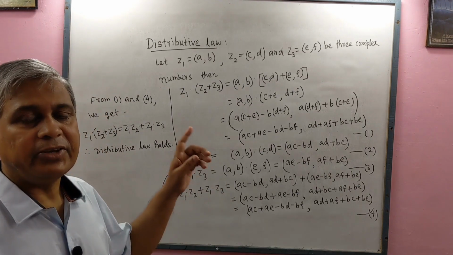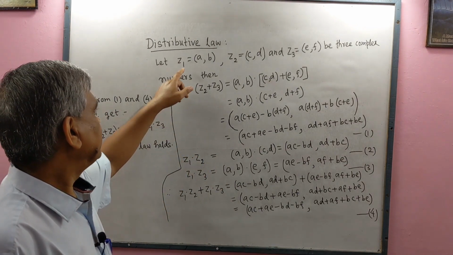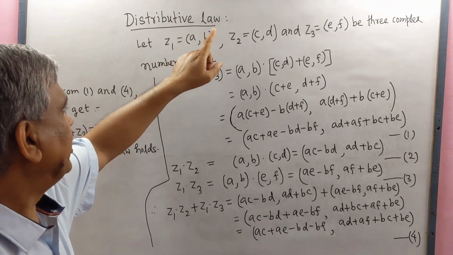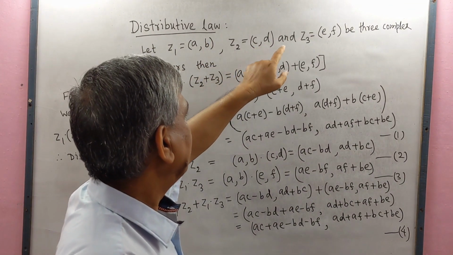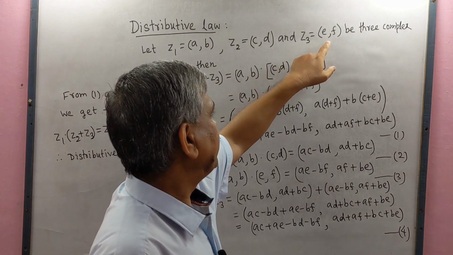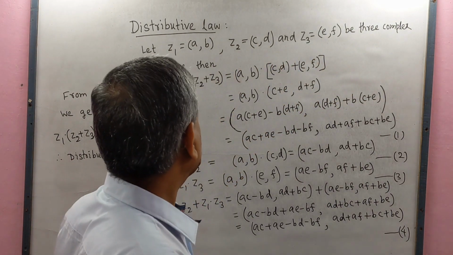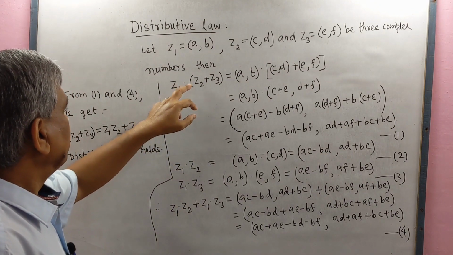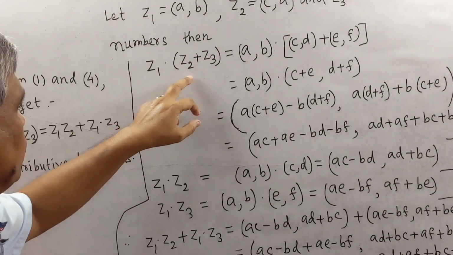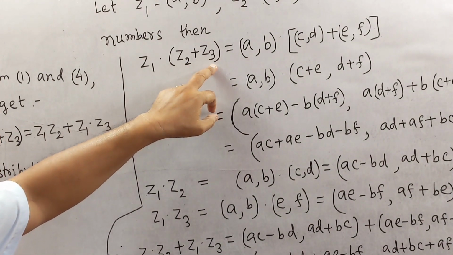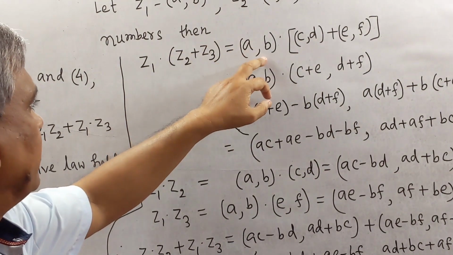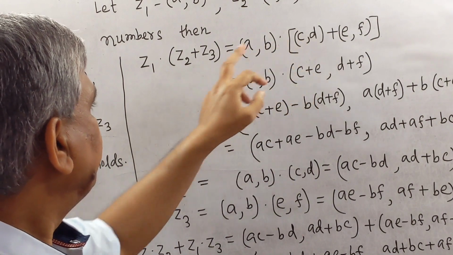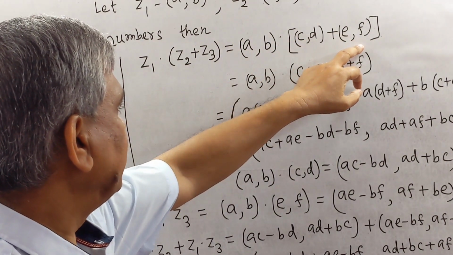Now we examine distributive law. Let Z1 equal to ordered pair (a,b), Z2 equal to ordered pair (c,d), and Z3 equal to ordered pair (e,f) be 3 complex numbers. Then Z1 multiply (Z2 plus Z3) equals, Z1 is ordered pair (a,b), Z2 is ordered pair (c,d) plus Z3 is ordered pair (e,f).